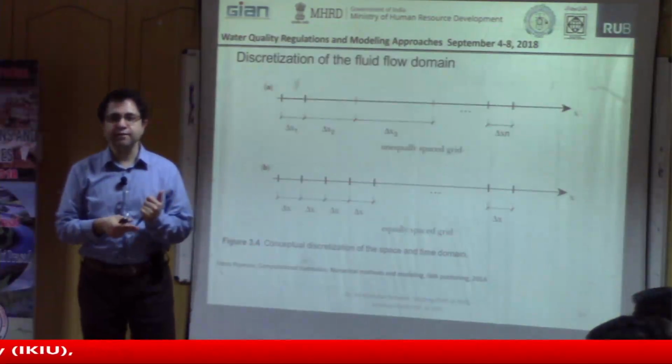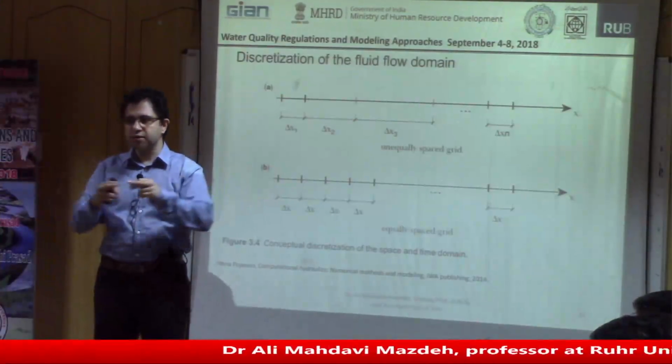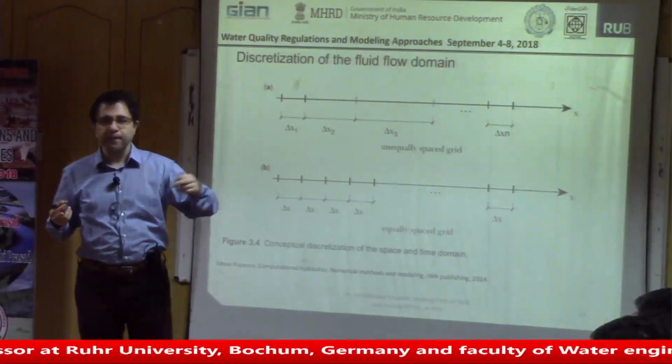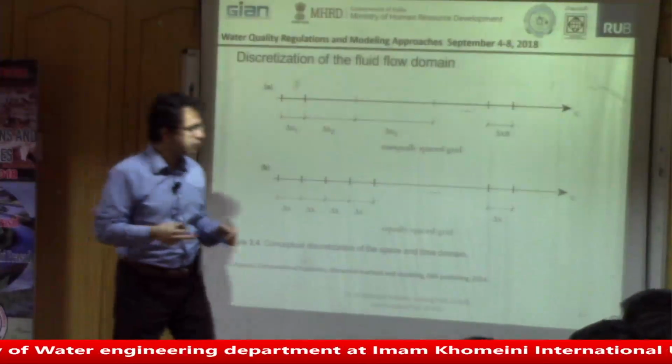But the problem is that you cannot make them so big, because if you make them big, then the result will be wrong, because the assumptions that you have will be loose. It is like this.